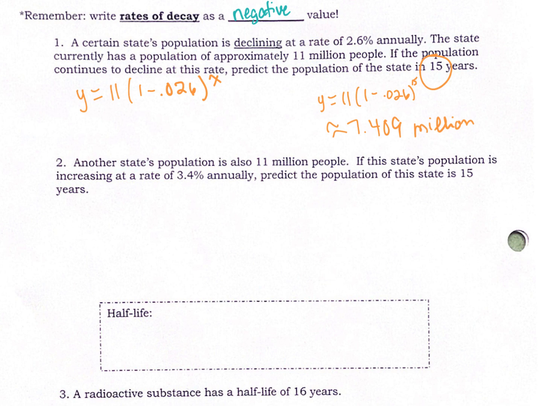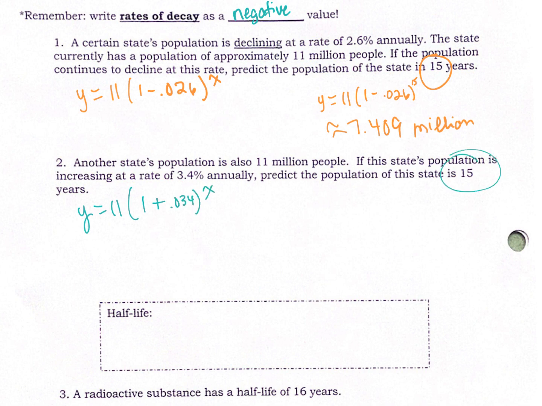Okay, let's look at this next one. Here, this state, the population is increasing. And so we're starting with 11 million people again. In this case, we're increasing, so we know we're going to add. And that 3.4% has got to get written as a decimal. So it's going to be 0.034 raised to the x.